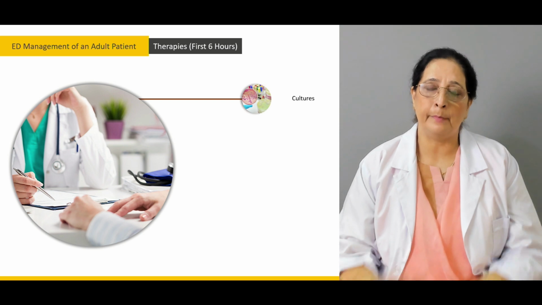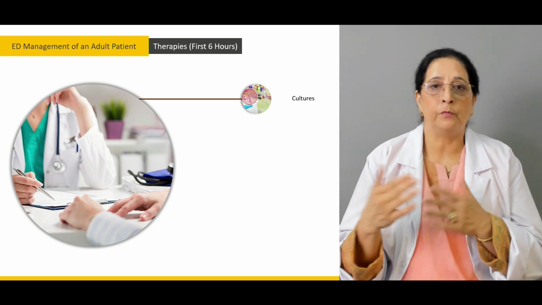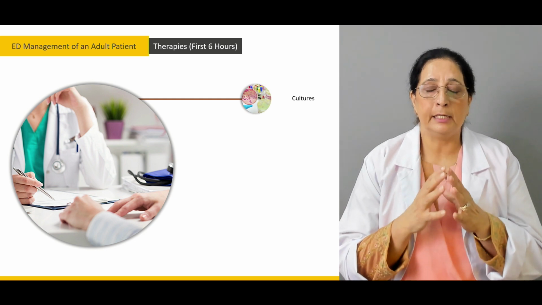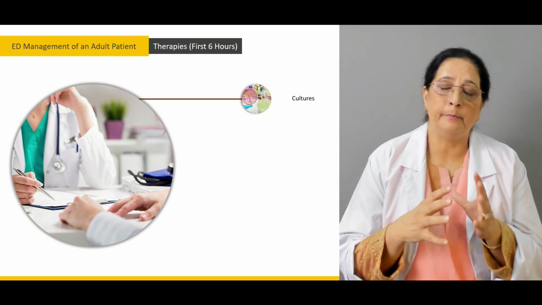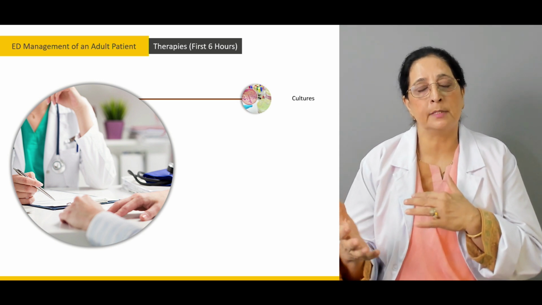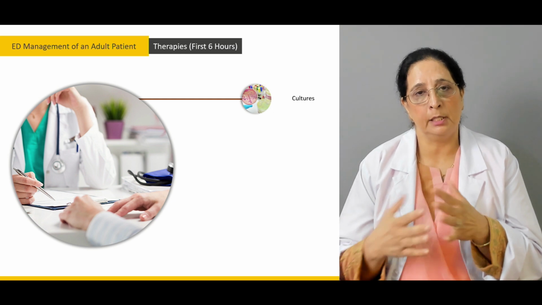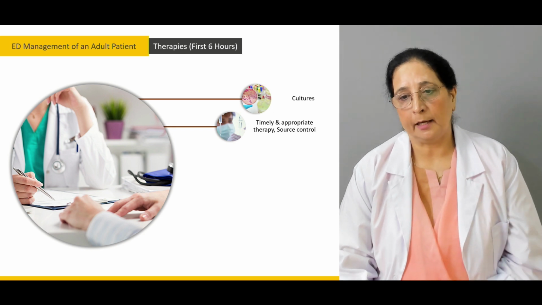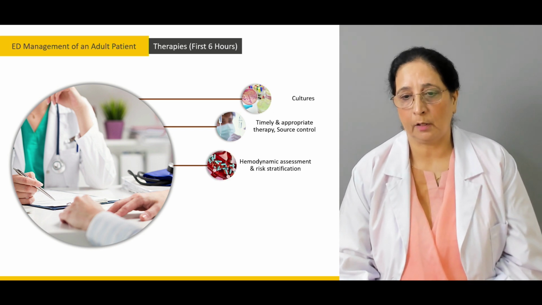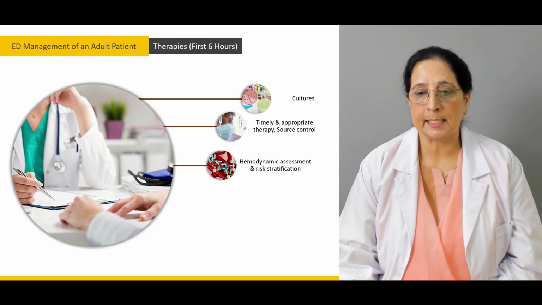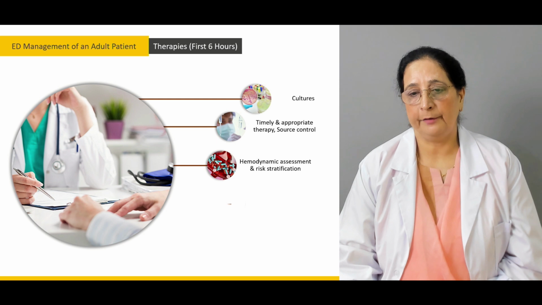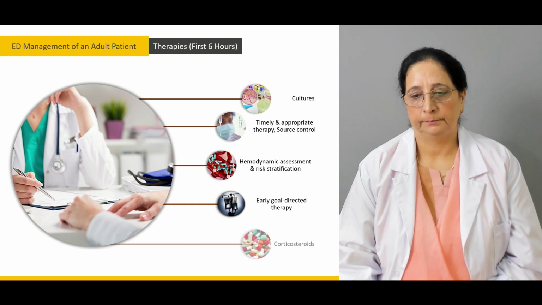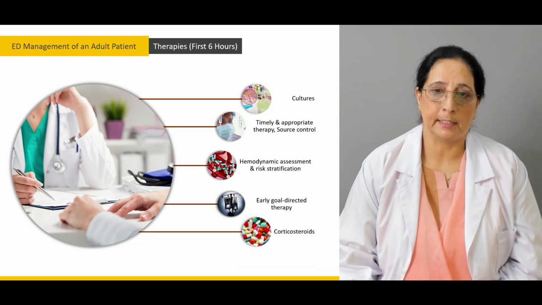Remember, blood cultures take about 48 to 72 hours, so the result takes time to come. If the condition is critical, we should start the management, and then once the culture comes, we should switch the medicine. Timely and appropriate therapy, source control is important, hemodynamic assessment and risk stratification, early goal-directed therapy, and corticosteroids.